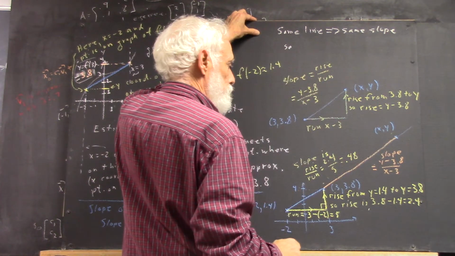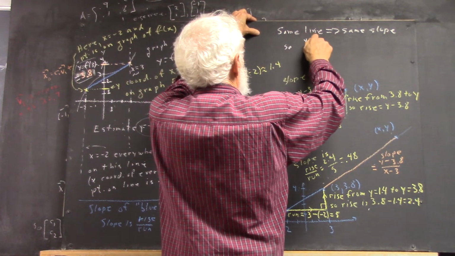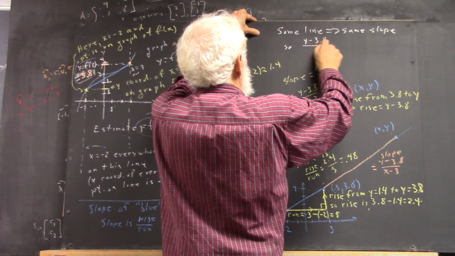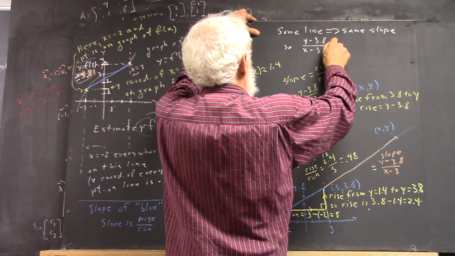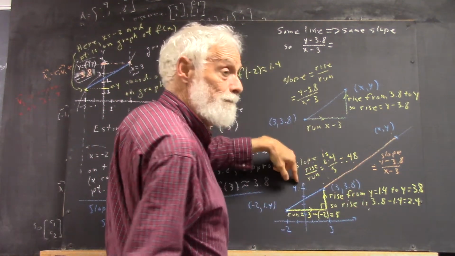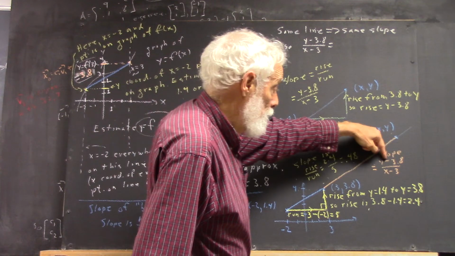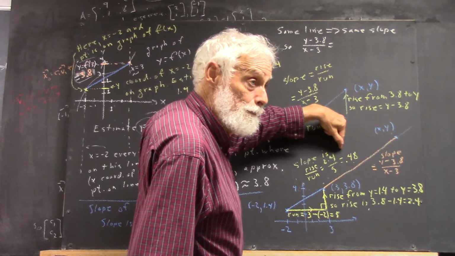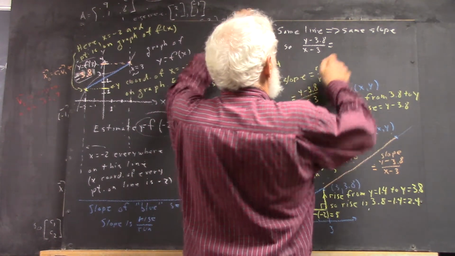So, y minus 3.8 over x minus 3 equals 0.48. That's the slope, and that's the slope, okay?